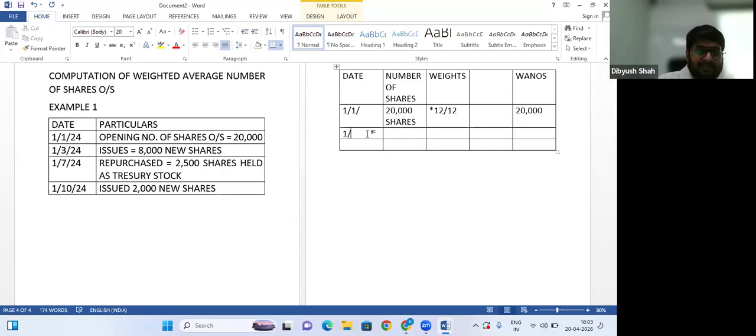In the second, that is 1st of March, the company issued, sold new shares in the market. Now, if you see weight, these shares were issued on 1st of March. Jan, Feb was already gone. So how many months are remaining? 10. So these shares were outstanding for only 10 out of the 12 months.